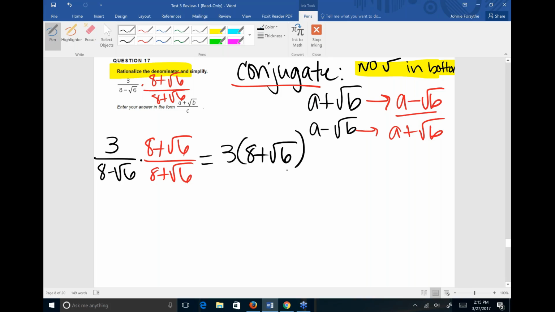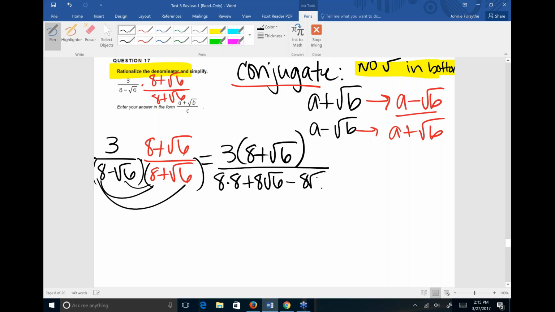Put that in parentheses, so we multiply the 3 by both terms. And now on the bottom, I'm going to FOIL. So we have first 8 times 8, outer 8 times the square root of 6, inner negative 8 times the square root of 6, and then last negative square root of 6 times the square root of 6.